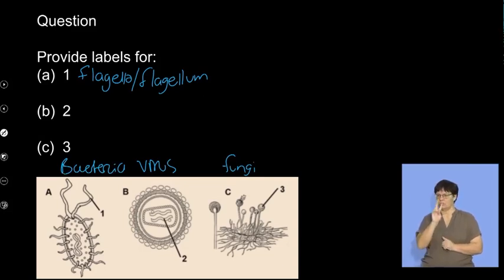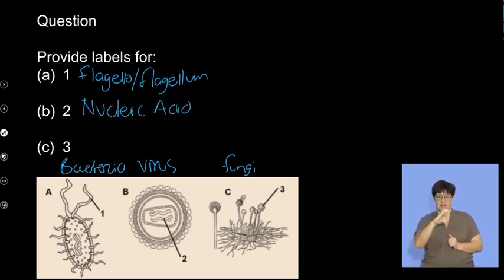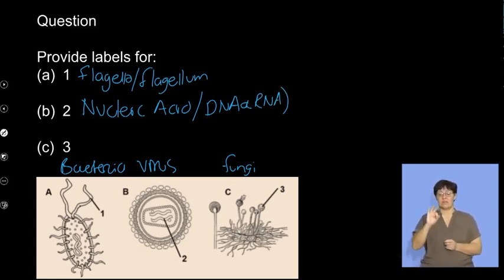What was number 2? Number 2, I'm going to put here a nucleic acid, because remember we said a virus can have a nucleic acid, and that can be either DNA or RNA. So I would have accepted either of those answers. Number 3 is that black ball on top.